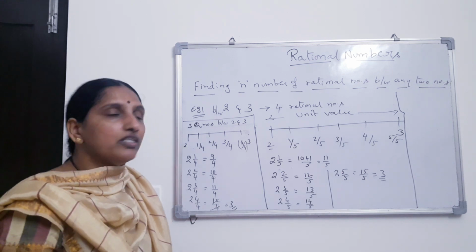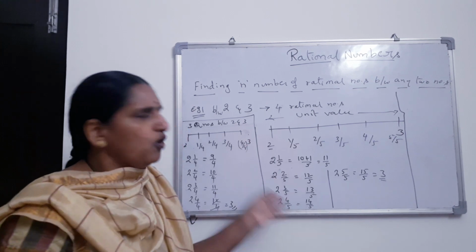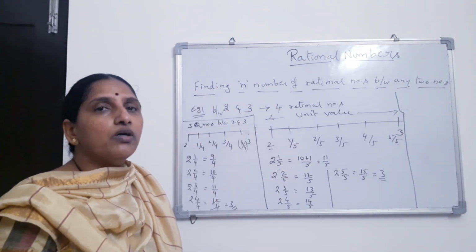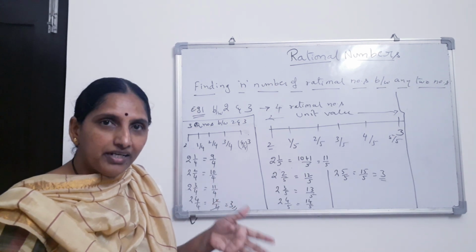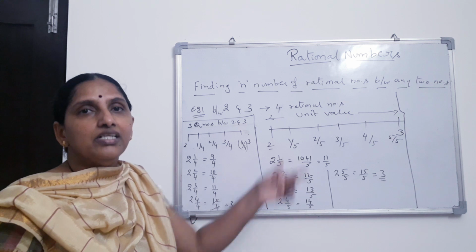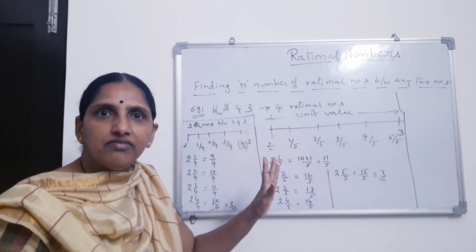Did you get it? When you do it like that, it is easy for you to locate how many are asked. If 100 rational numbers are asked, what should your denominator value be? 101. And you have to start with 1 by 101, 2 by 101, 3 by 101, 4 by 101, 5 by 101.